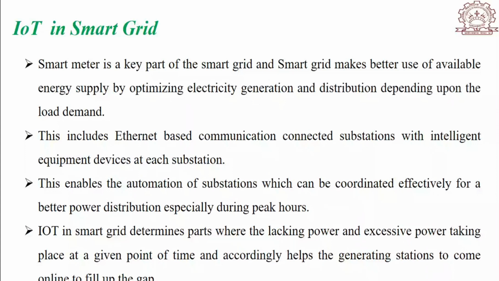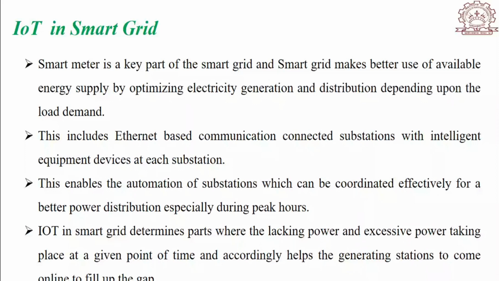This enables the automation of substations, which can be coordinated effectively for better power distribution, especially during peak hours. So IoT in the smart grid determines where power is lacking and where excess power is taking place at a given point of time, and accordingly helps the generating station to come online to fill up the gap.